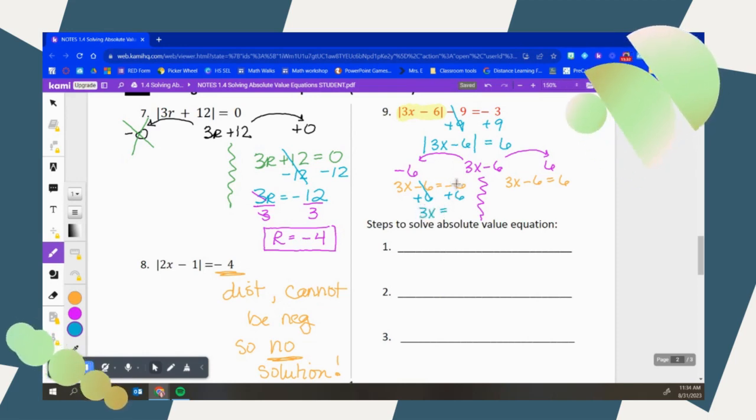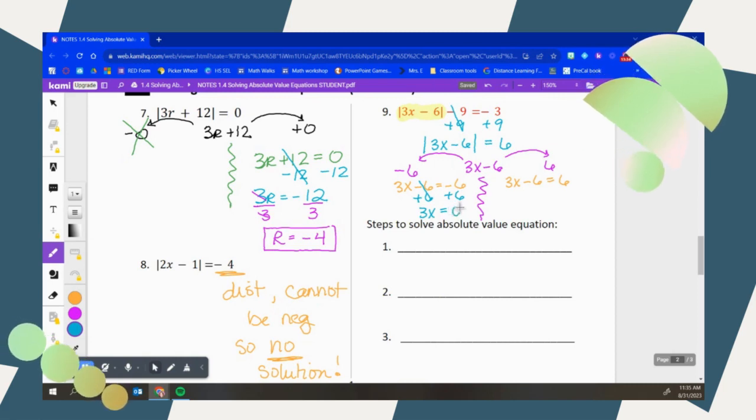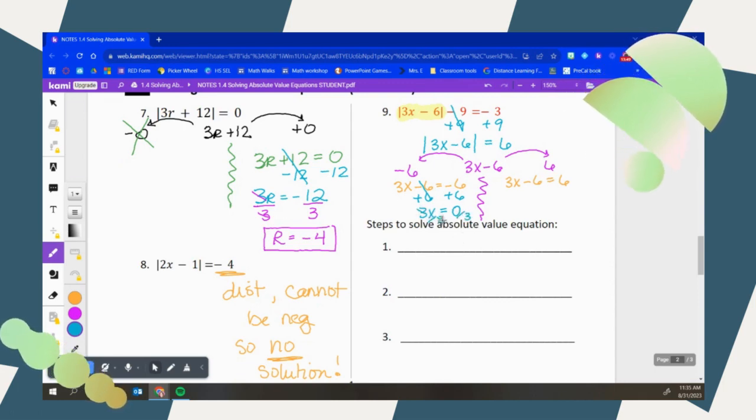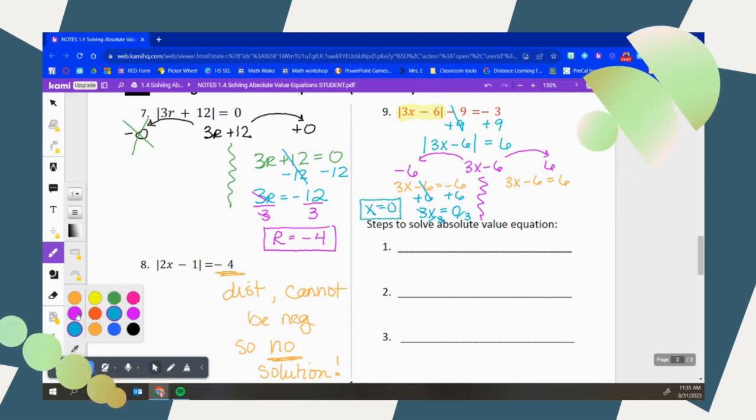Negative 6 plus 6 over here is 0. Totally fine that it's 0. We need to finish solving the equation. How do I finish getting x by itself here? Divide both sides by 3. So I'm going to squeeze that in down here. Divide by 3. Divide by 3. The 3's cancel, and x equals, what is 0 divided by anything? 0. So x equals 0 is totally fine as a solution.